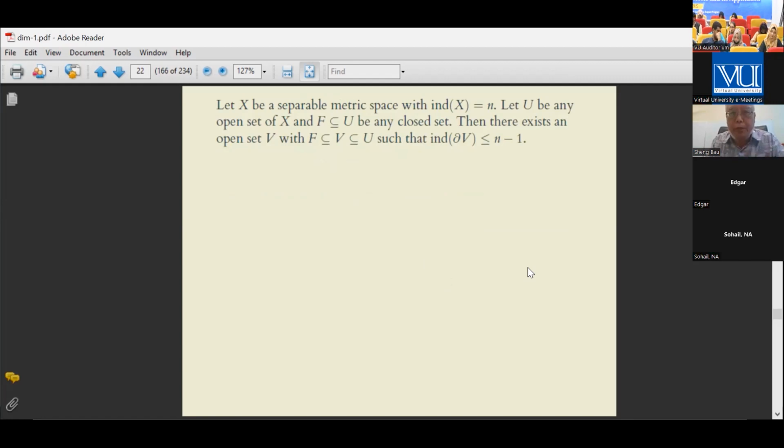So now we assume that X is a separable metric space with inductive dimension n, still lower. We can quickly finish this batch of slides because yesterday it was just about finished.